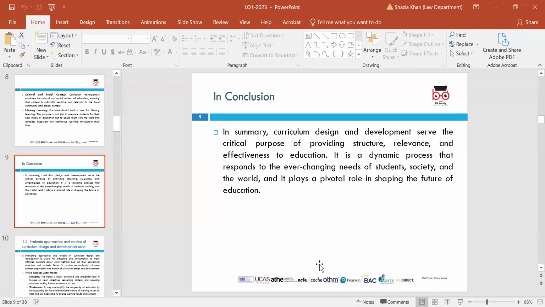So in conclusion to 1.1, we're looking at curriculum design and development serving the critical purpose of providing structure, relevance and effectiveness to education. It's a dynamic process that responds to the ever-changing needs of society. There's a need to have curriculum design in place so people are more organized, and it involves identifying learning objectives and activities that will help the students reach those objectives.